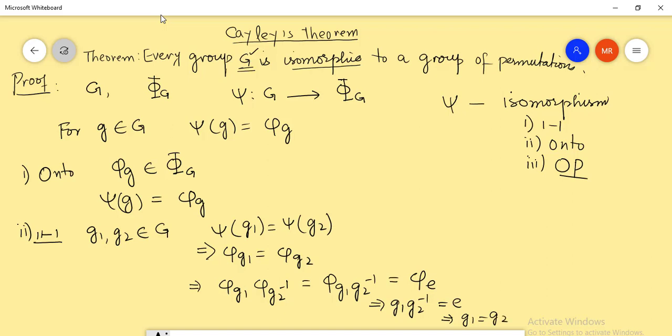That is, if two elements g1 and g2 have the same image under the mapping psi, then those two elements are the same, and hence the mapping is one-to-one.